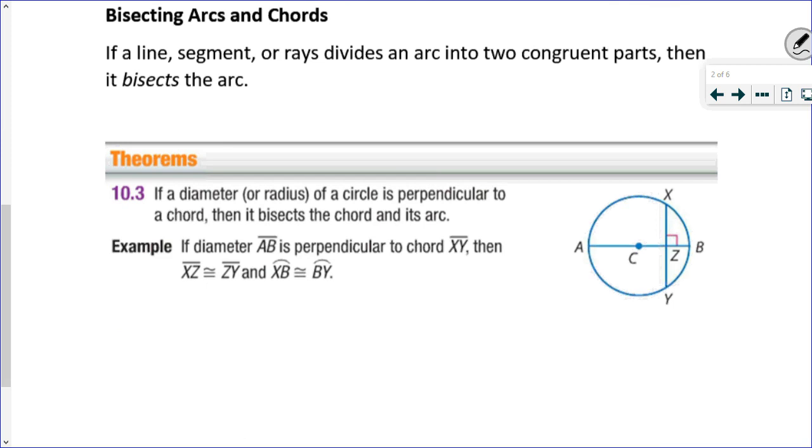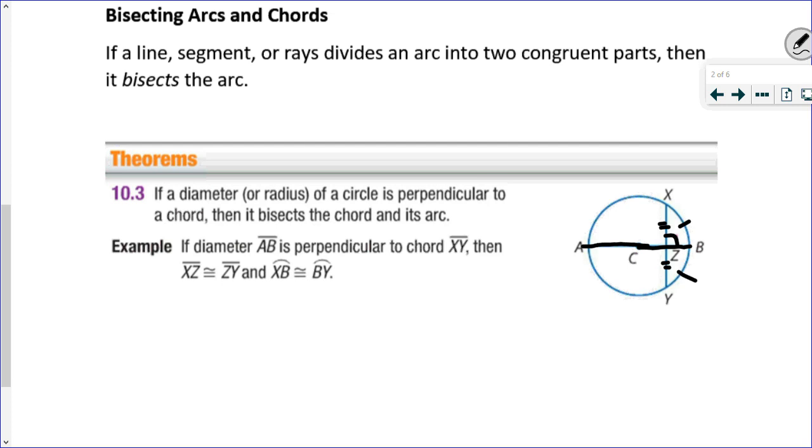If a diameter or radius of a circle is perpendicular to a chord, so here we've got radius CB or diameter AB, and it is perpendicular to chord XY, then it bisects the chord and its arc. That tells me that XZ is congruent to ZY. It bisects the chord. It also bisects the arc, so XB would be congruent to BY.